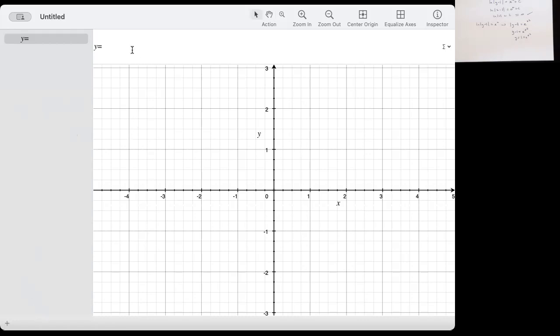So up there, you'll notice at the top it says y equals. But if I delete that, I can actually get rid of that and I can type in any function I want. Now I've typed in ln of y minus 1 equals x squared.